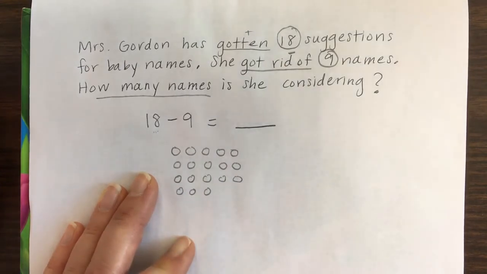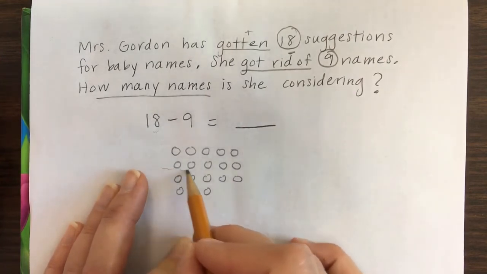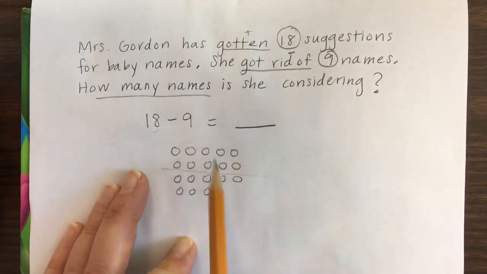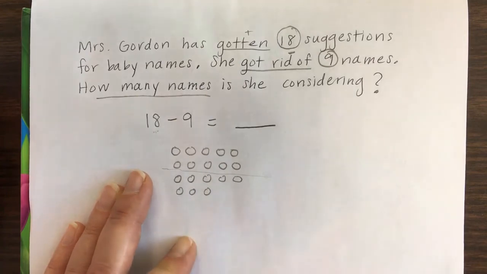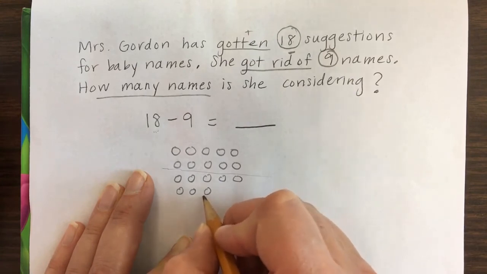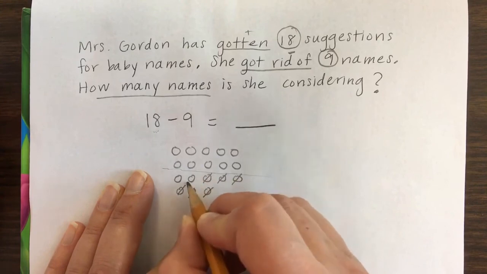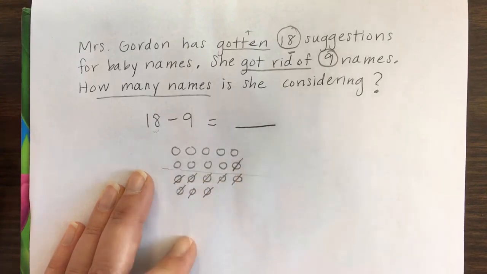Why did I pick 5s? I picked it because that is how a 10 frame looks. Remember, we have 10 frames. This is 10, and then this is our ones. So I'm going to subtract 9. We always subtract from the bottom when we're doing these 10 frames. 1, 2, 3, 4, 5, 6, 7, 8, 9.